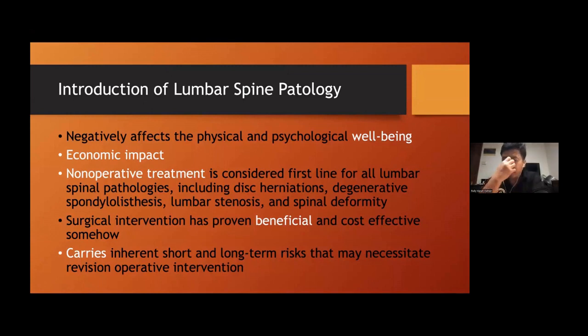Surgery depends on the indication, and we also have to think that surgery might shorten the patient's pain and decrease the use of medicine. Revision operative intervention is sometimes needed if the patient has a recurrence.